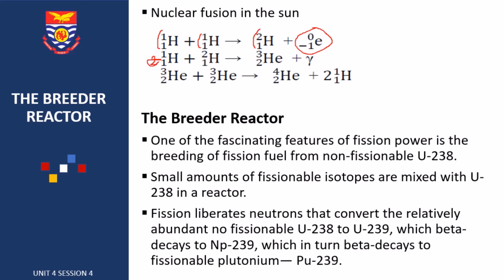The fission process liberates neutrons that will convert the relatively abundant uranium-238, which is not fissionable, to uranium-239 with the emission of a beta particle, and this will also result in the formation of neptunium-239, which in turn decays by beta emission to fissionable plutonium-239.